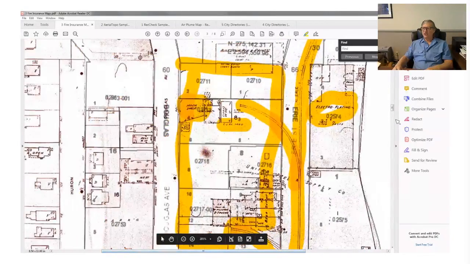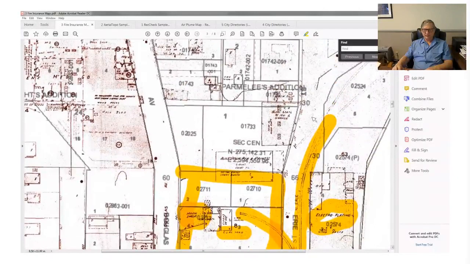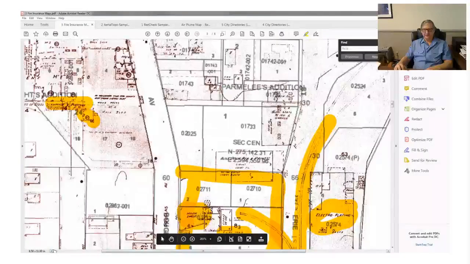What do we have adjacent to us? Well, we have the electroplating over here. We have some sort of plating, and we have green manufacturing.